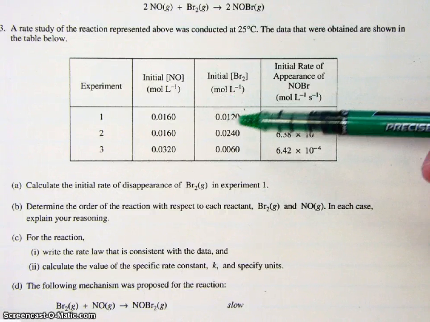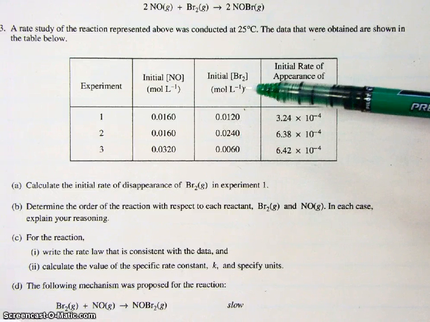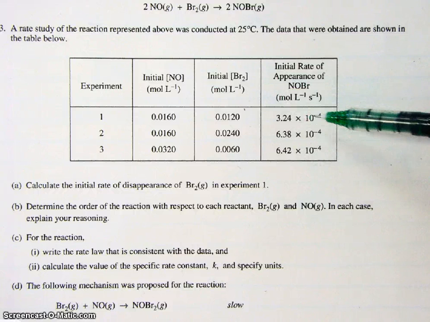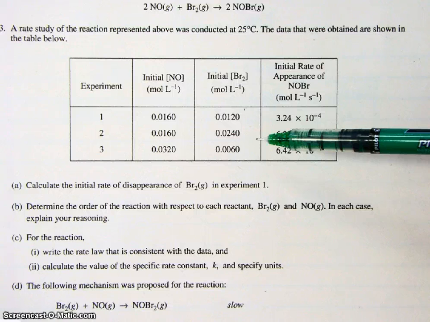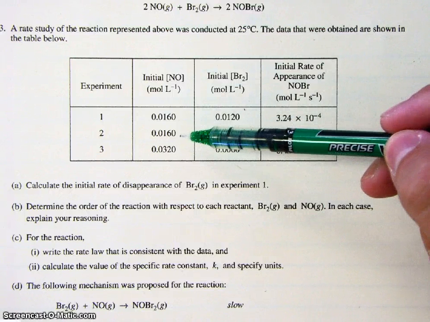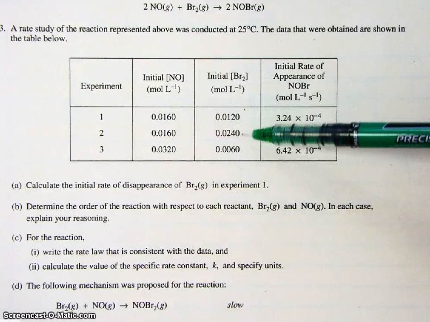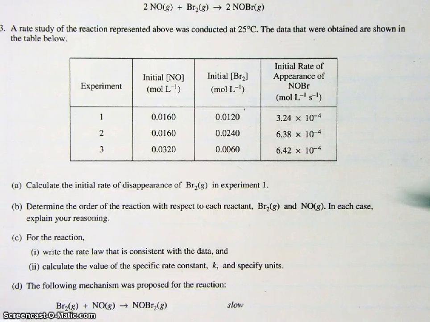And so by comparing how the concentration of the second part changed, we'll be able to determine an order by looking at the change in the rate that we saw. We're going to start out here with experiments 1 and 2 as our comparison. Because nitrogen monoxide is held constant during the experiment and only bromine has been changed in terms of its initial concentration, we can see what effect the bromine had on the rate.